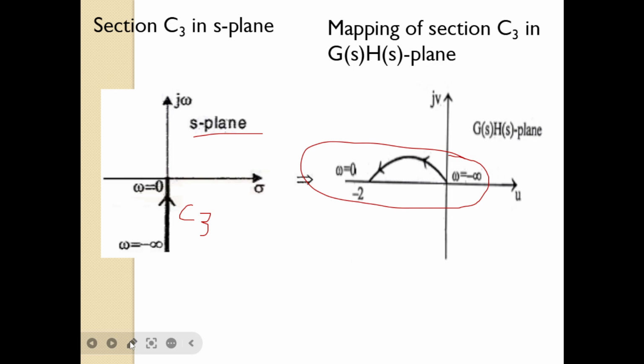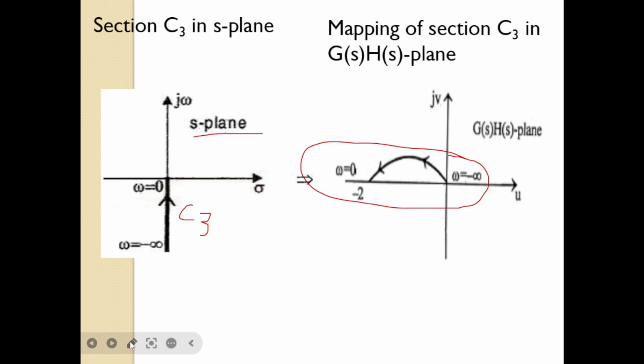So what is this? This is -2, isn't it? This is -2. So this is -2 means definitely from the origin there will be a -1. So this point is -1 plus j0. If you observe the direction of this plot, it is in the anti-clockwise direction.